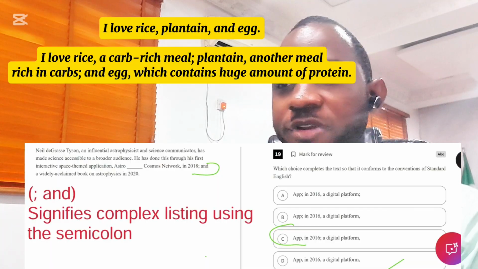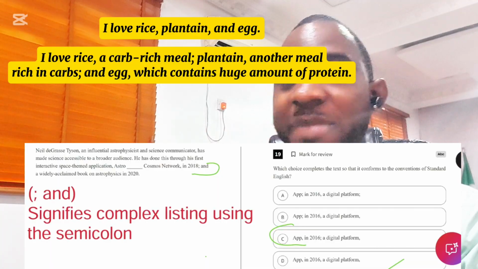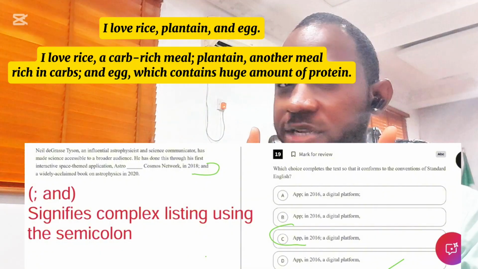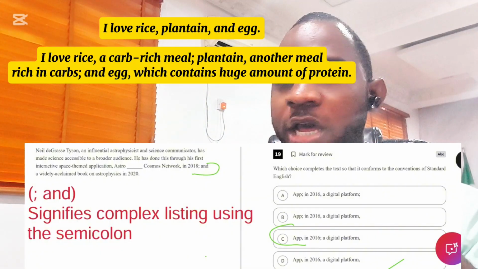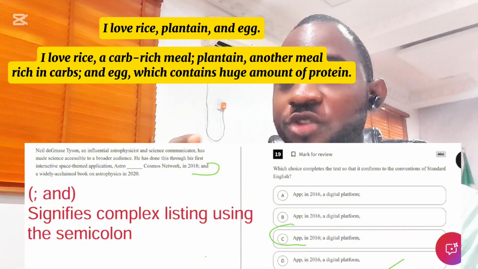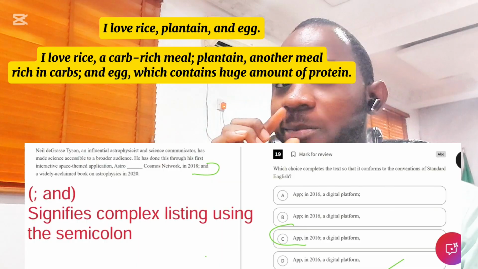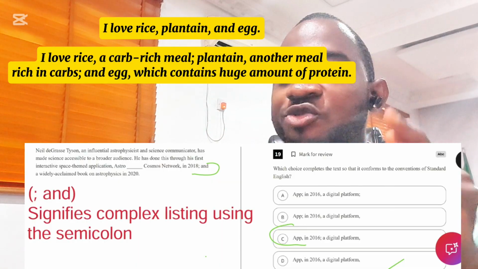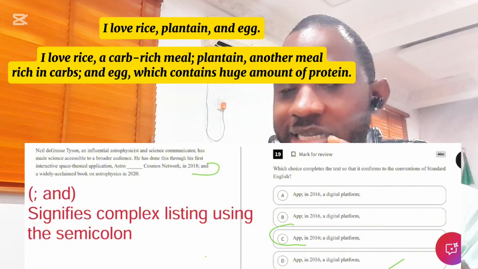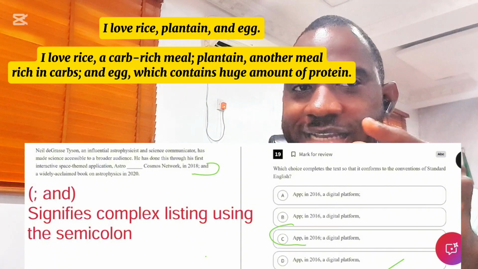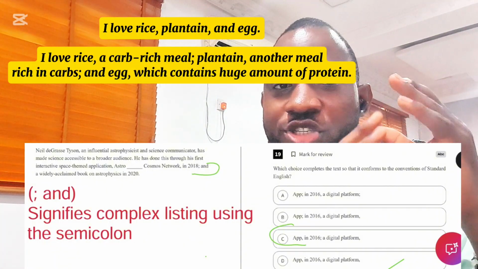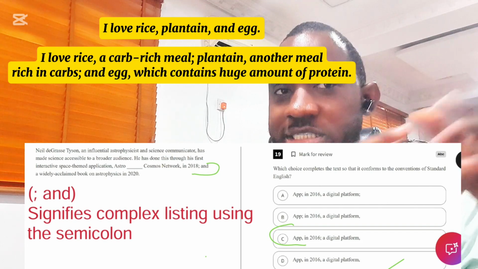But if the semicolon were doing the marking off, it would be slightly different. The list would be a little more complex. Take this example. I love to eat rice, a carb-rich meal; plantain, another meal rich in carbohydrate; and eggs, which has a huge protein content.